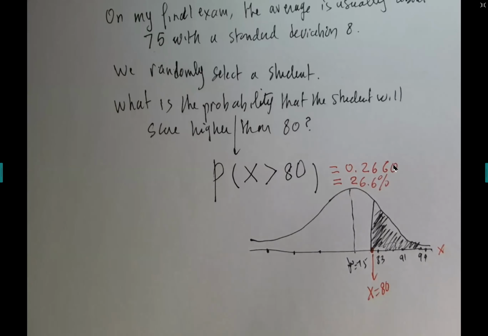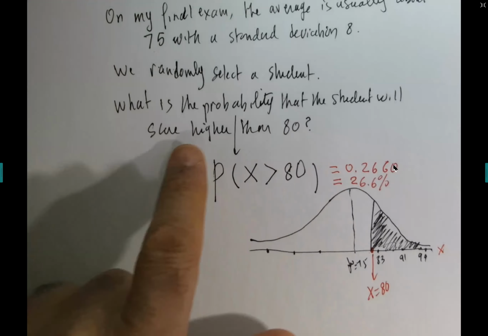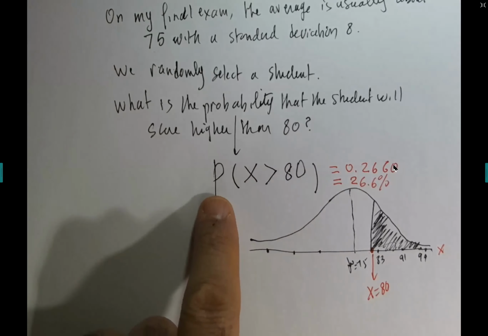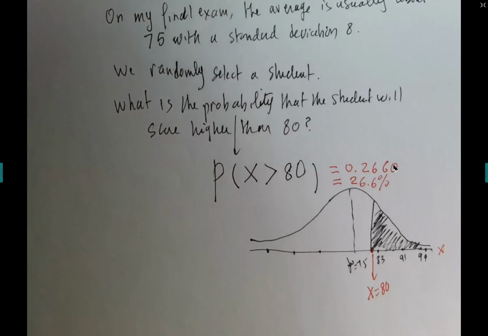The internet is not working. You don't have batteries in your calculator and you want to solve this problem. We need the probability that the students will score higher than 80. So you put the probability of X more than 80, and you only have table 4. What would you do, guys? Any ideas? Let's brainstorm here.